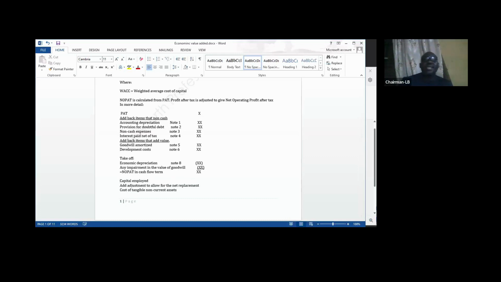When you are done with the adjustment, you are going to get net operating profits after tax. That will be in cash term.